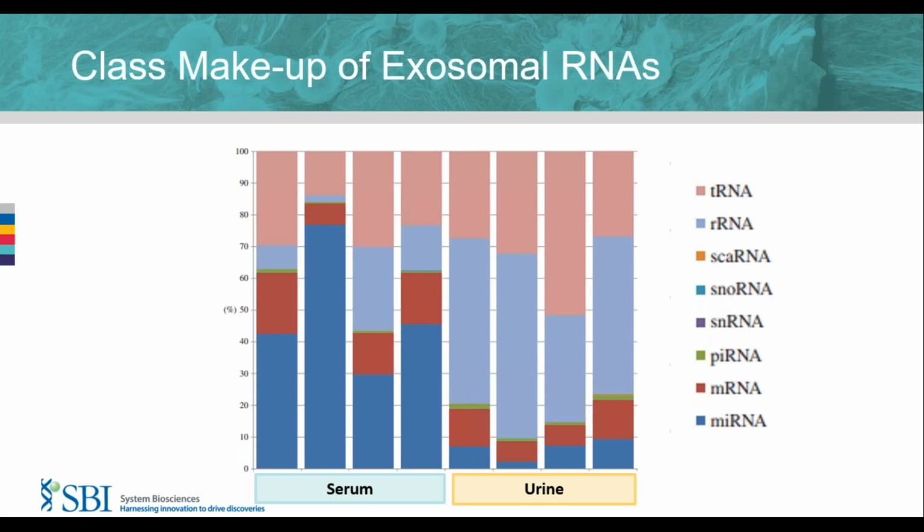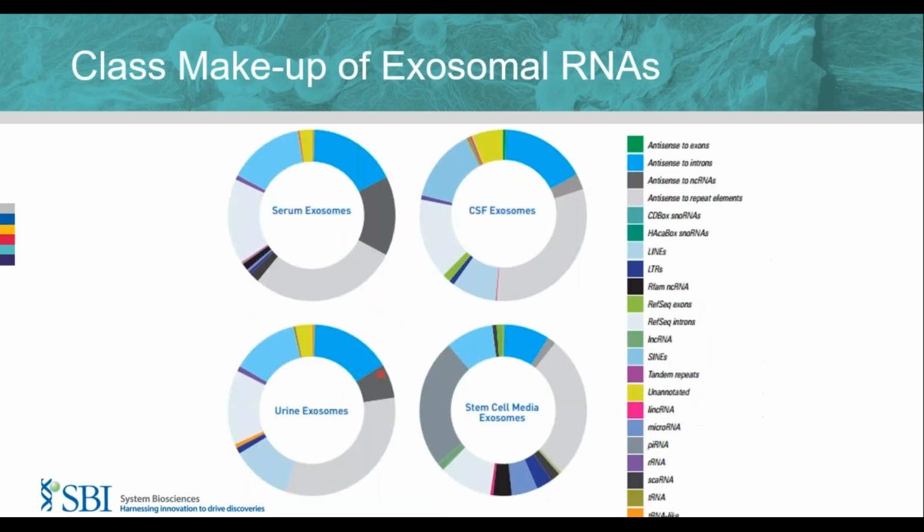intra-individual. So the number of samples that one uses to try to assess and to come up with a novel biomarker is very important. The way one treats the sample, the processing, the isolation, all of this is going to affect the final makeup composition of the exosomal RNA and may actually be affecting the biomarker discovery process per se.